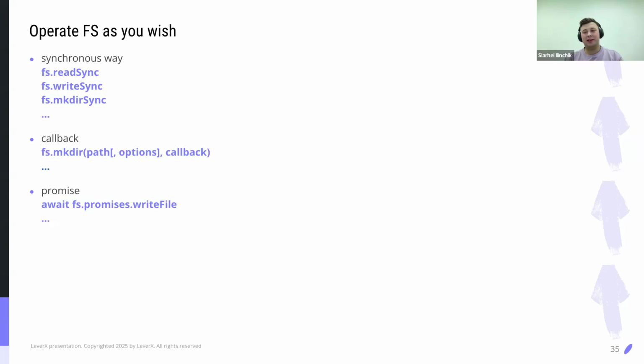That's the API which causes you the most pain. The synchronous API and the promises API are stable, no issues with them, but you can face some problems when using it in callback form. So I insist you use the promises API, since it's the modern way of using this file system module.